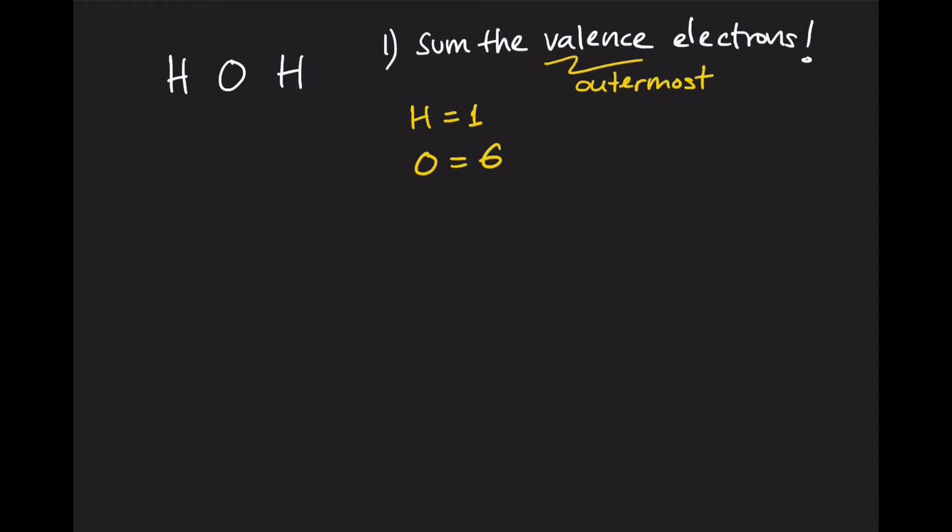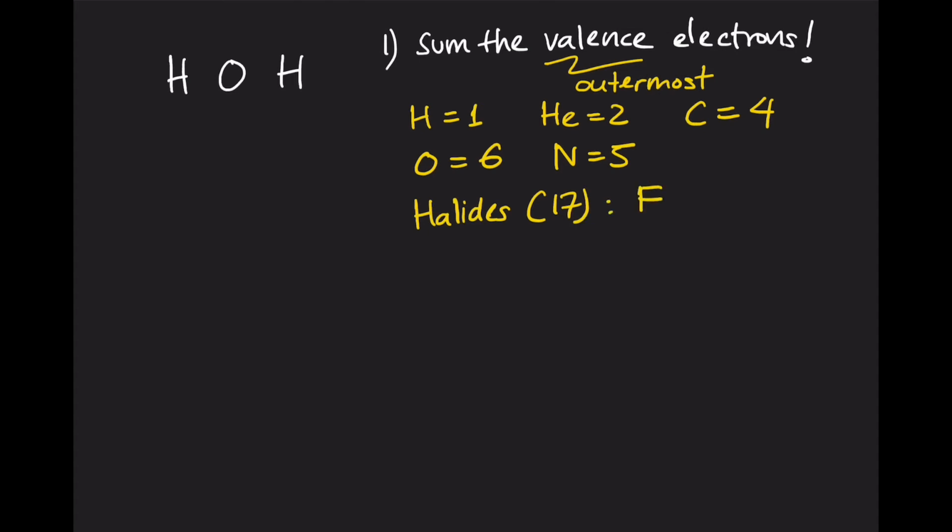The others, for instance, helium has 2, nitrogen has 5, carbon has 4, and the halogens, group 17, like F, Cl, and so on, have 7.